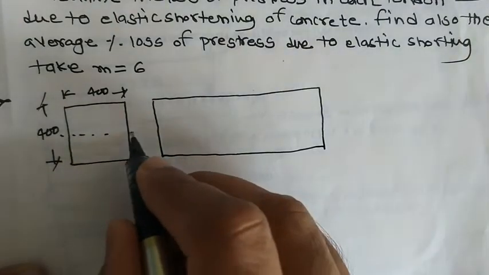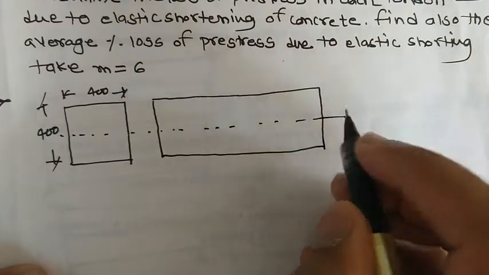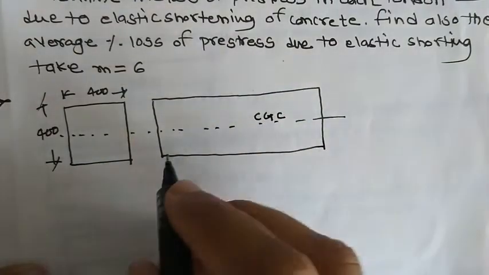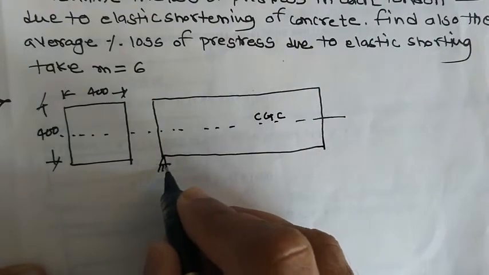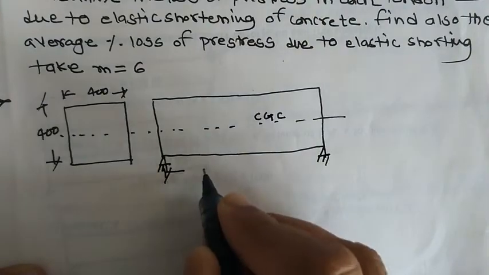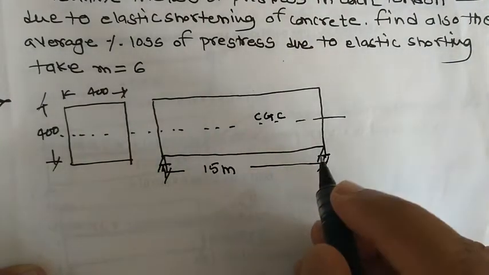This is the CG of concrete. The beam is simply supported, post-tensioned, with a 15 meter span.